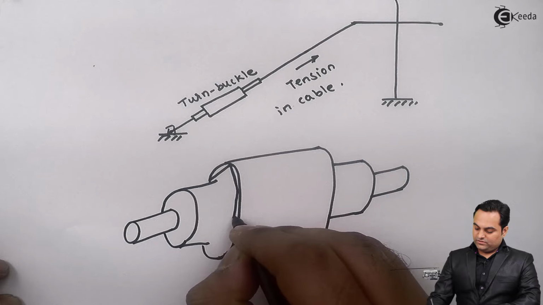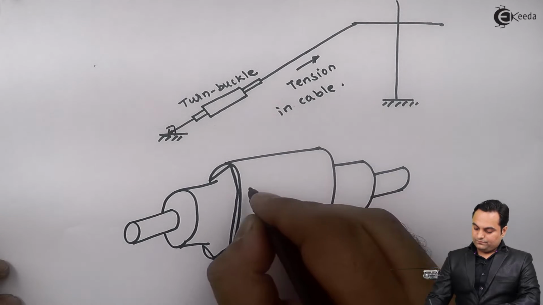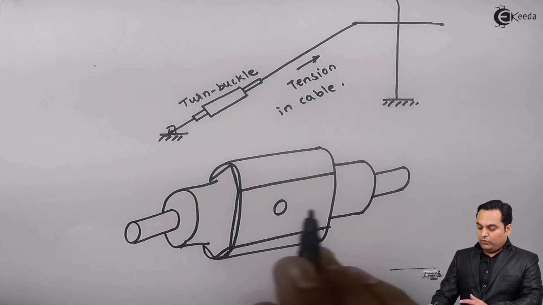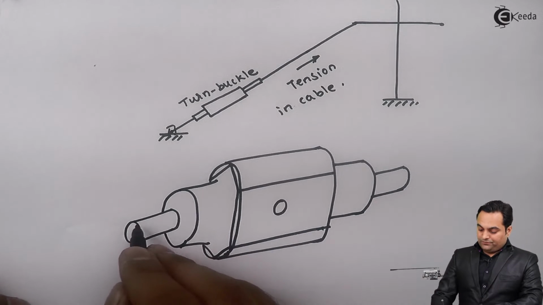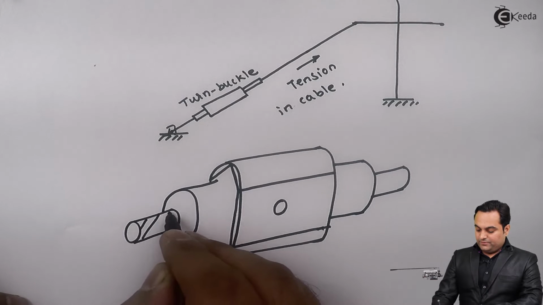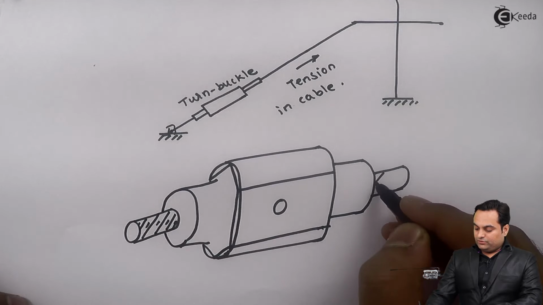This is a hexagonal nut. Now this is a diagram of a turnbuckle, how it looks in 3D. Now this is the left hand threaded portion and here I have the right hand threaded portion. These are screw threads which are there on both the sides.